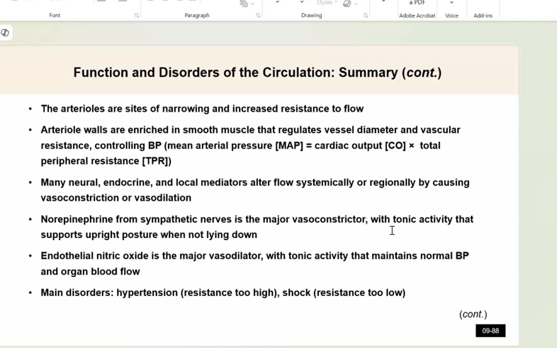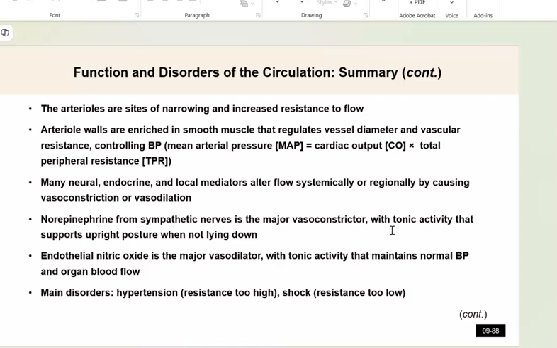The arterioles are sites of narrowing and increased resistance to flow. Arteriole walls are rich in smooth muscles that regulate vessel diameter and vascular resistance, which is very prevalent in the controlling of our blood pressure. We have neural, endocrine, and humoral and local mediators that will alter the flow systemically or regionally.